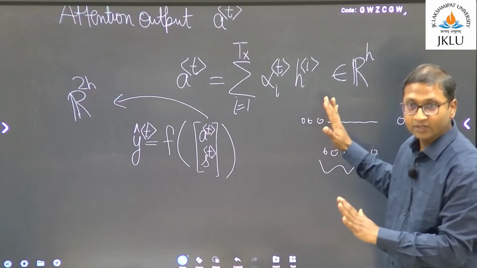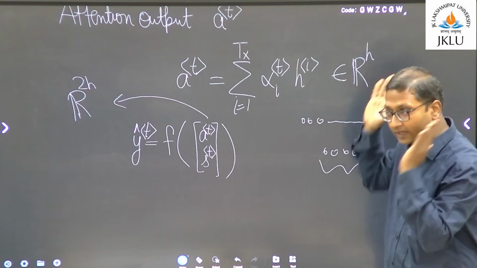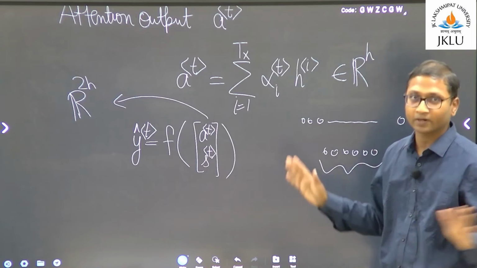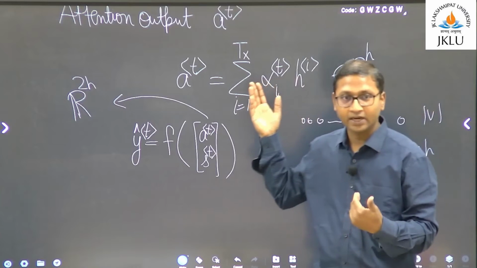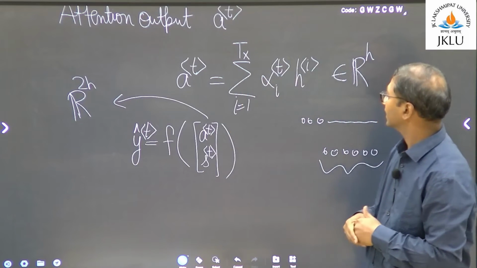So we are done with the attention, I mean the vanilla part of it. Now, since we have said there are no parameters, where do you think I can add parameters?